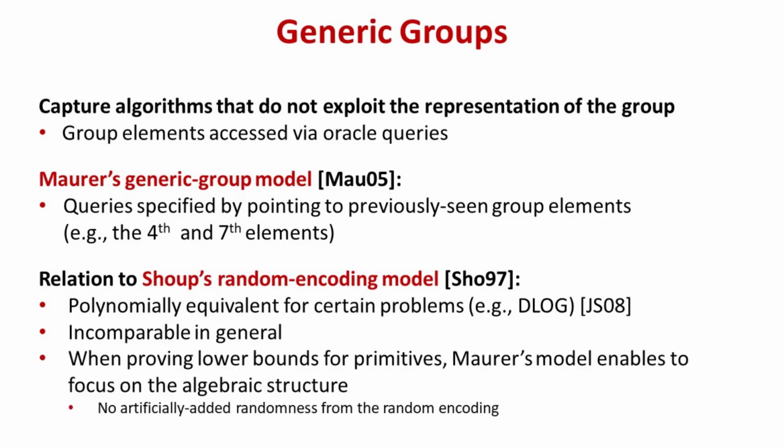When proving lower bounds for cryptographic primitives, which is our goal in this work, Maurer's model enables us to focus on the algebraic structure of the primitives while eliminating the potentially significant yet somewhat unintentional implications of the artificially added randomness in Shoup's model. In other words, Maurer's model ensures us that the security of primitives within it is based on their algebraic structure and not potentially on the fact that group elements have completely random representations, which is clearly not the case in any concrete group.